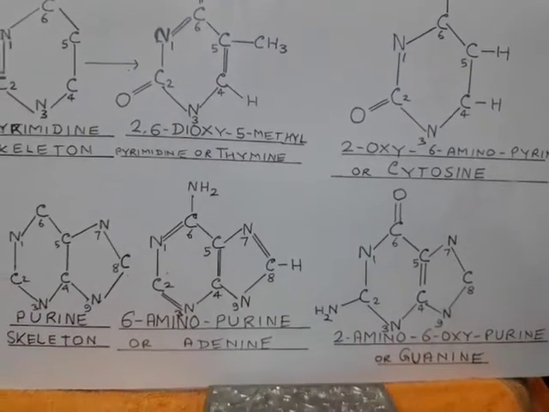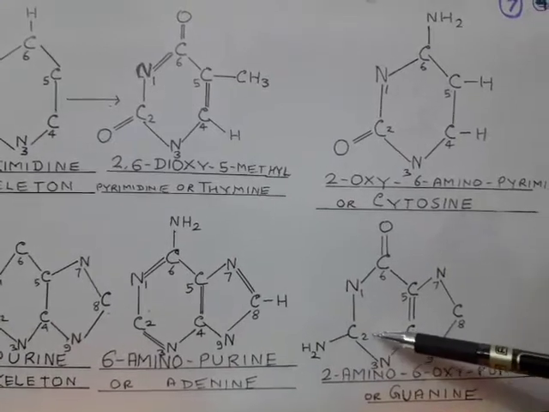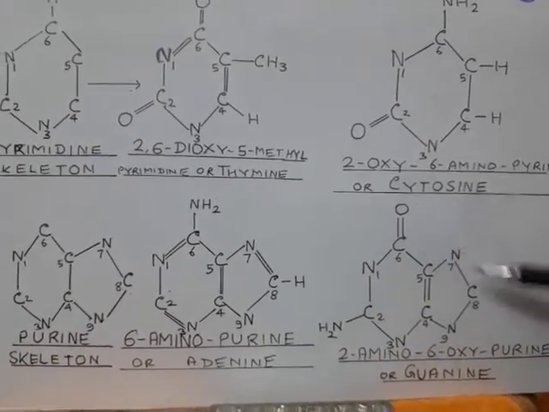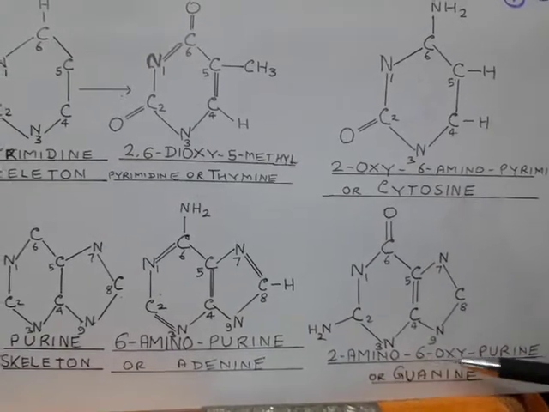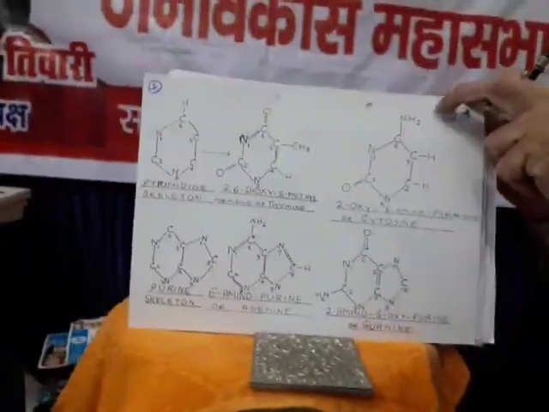Secondly, an NH2 group is attached at carbon number 2 and one oxygen atom at carbon number 6, so it is called 2-amino 6-oxypurine, or guanine. But how these three molecules are attached with each other was described by Watson and Crick in their double helix model.